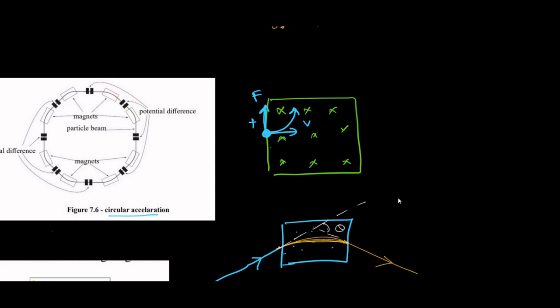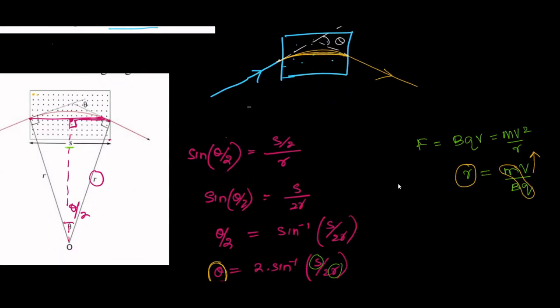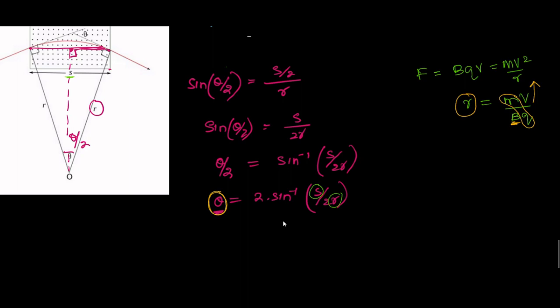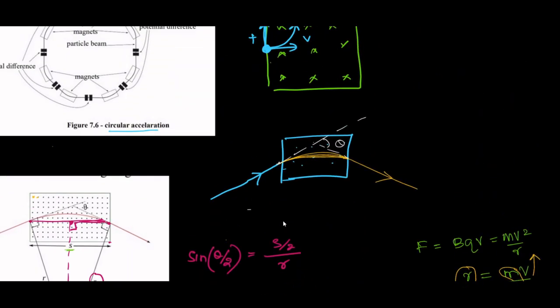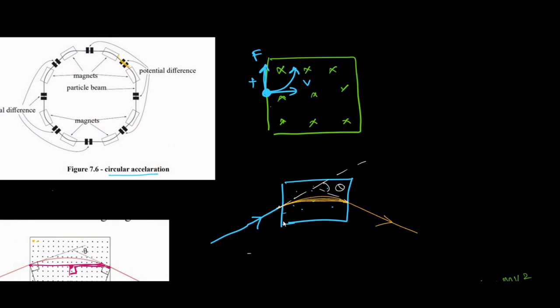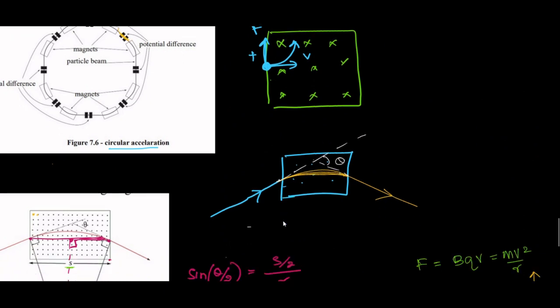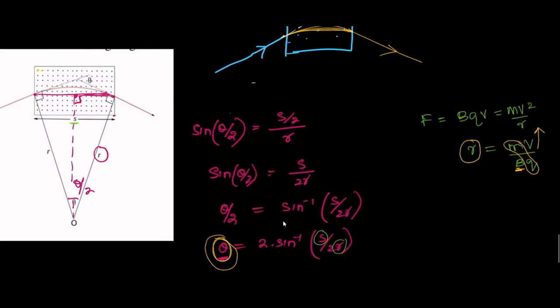So according to the speed, B has to be varied so that this angle theta remains the same, and every time the particle will go through the same potential difference. So in simple terms, that is how the circular accelerator works.